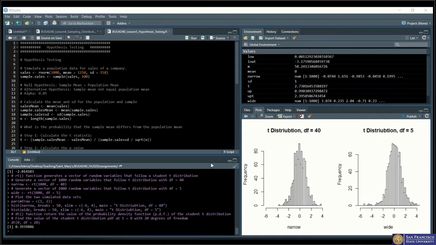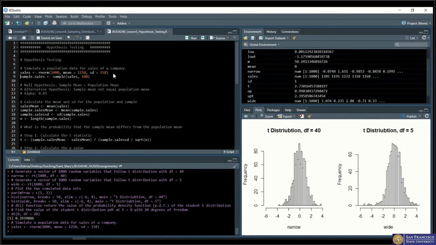So the first thing we're going to do in this example today is to generate some randomly normal distributed data. I'm going to generate 1,000 data points that have a mean value of 1,250 with a population standard deviation of 158. So let's generate that.